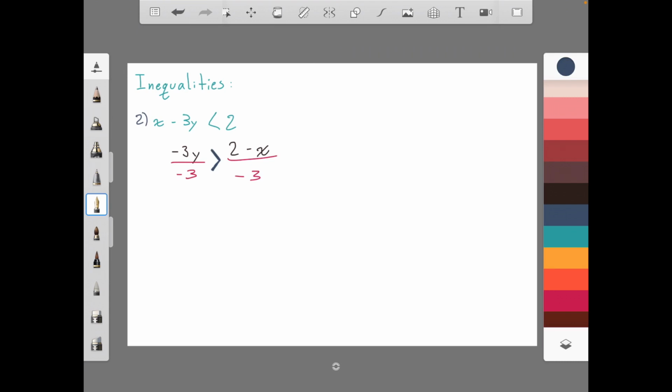Okay, you have to flip that, and it remains that for the rest of the operation. So we follow the exercise normally, this cancels out, and since this can no longer be simplified, we're left with 2 minus x divided by negative 3 is equal to y.